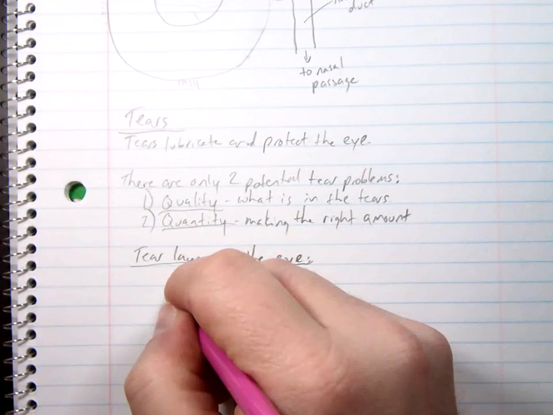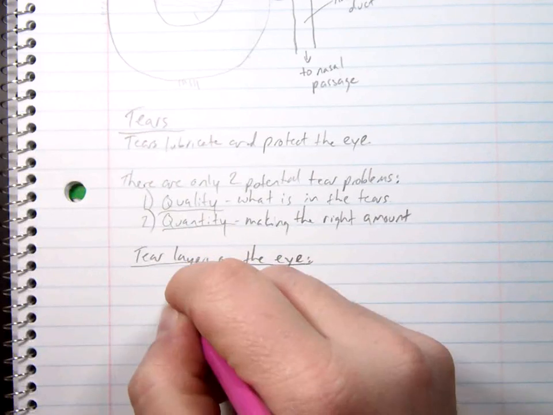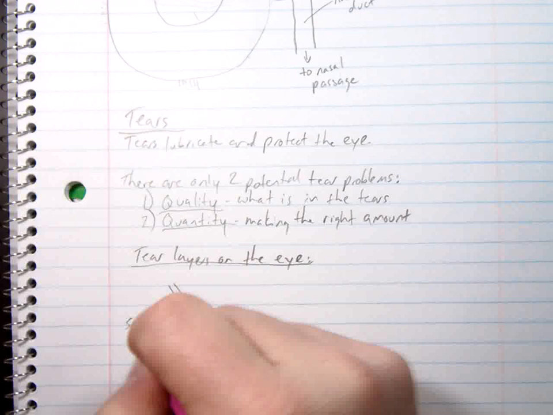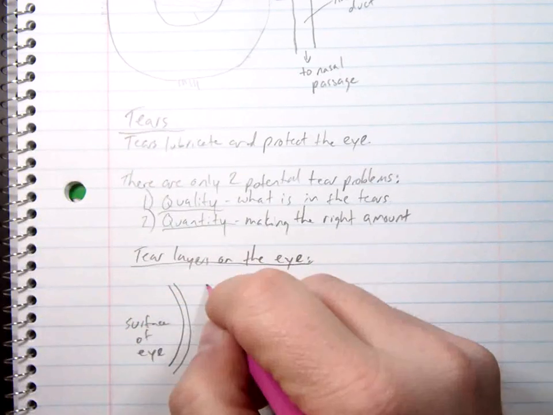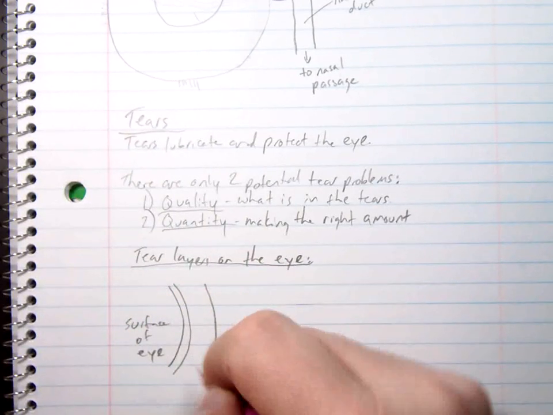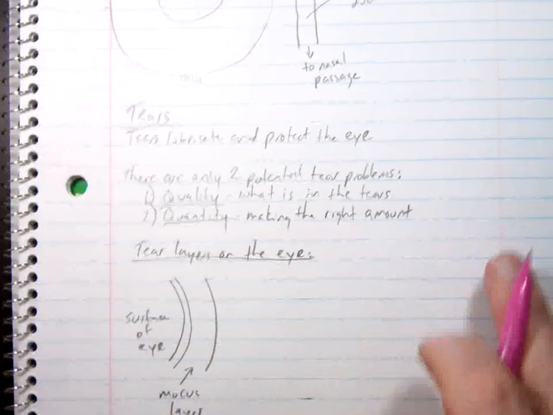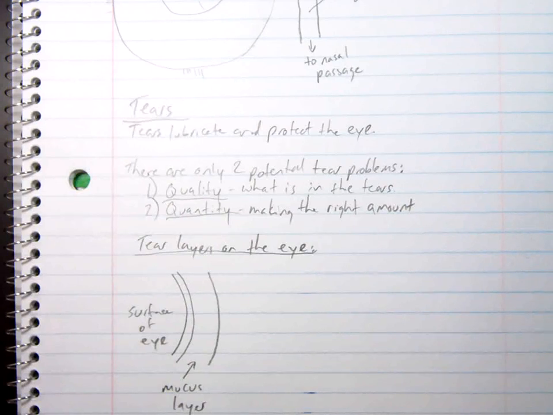So here's the surface of your eye, right here. Okay, the first layer right here is a mucus layer. Your conjunctiva is considered a mucous membrane, just like the lining of your nasal passages or your respiratory passages or your intestines is a mucous membrane. So that protects that layer.